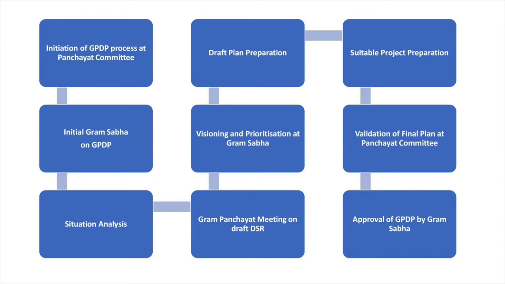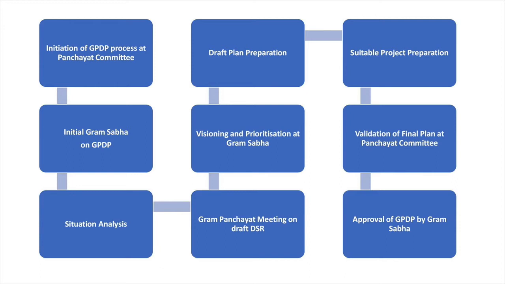This is essential as it will make them understand the process and steps for preparation of the Gram Panchayat Development Plan. It helps in identifying the role of the Gram Panchayat Committee and other stakeholders in the participatory planning process. It also helps in understanding the resources available and their potential optimum use, and thereafter the Gram Panchayat Committee should meet and carry out the following tasks.